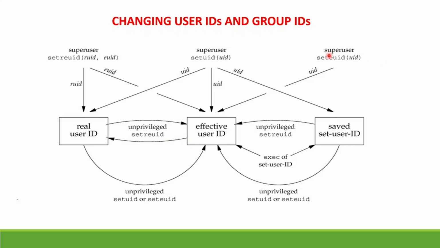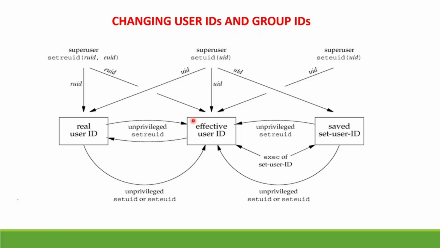And seteuid, as said, is applicable only for the effective user ID. So this is the only change with respect to EUID for a superuser. It will set only the effective user ID to UID. So this diagram summarizes the functions we have seen previously, right?